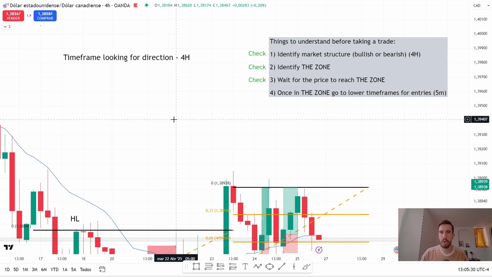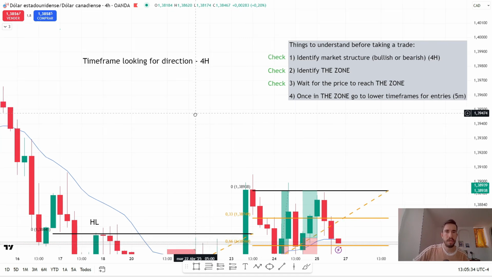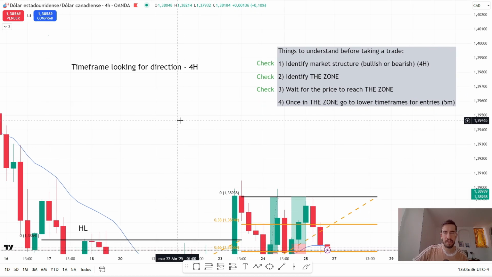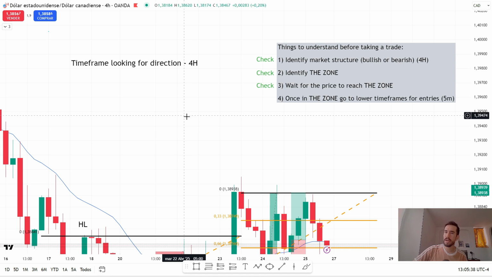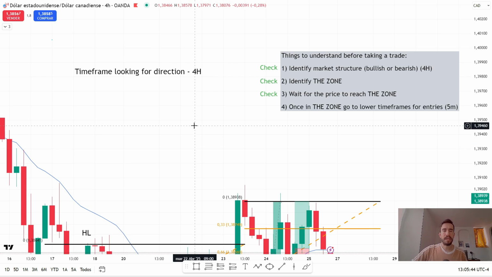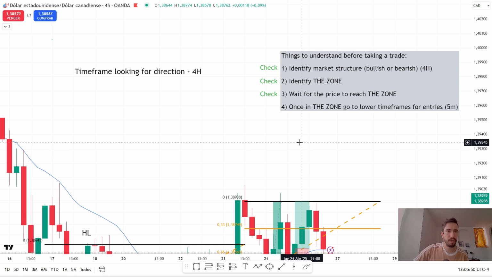It depends more on the trader than the strategy. Different strategies require more patience and others require more accuracy, okay?